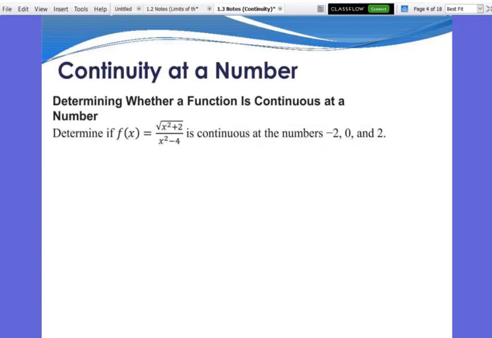Whether a function is continuous at a number, here continuous at -2. Is it continuous at -2? No, why?